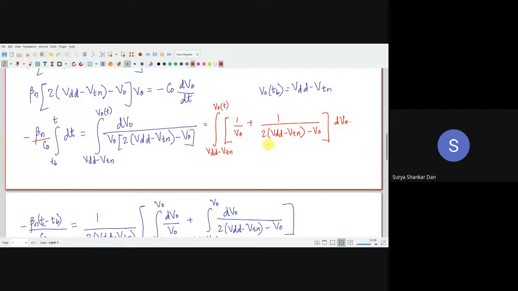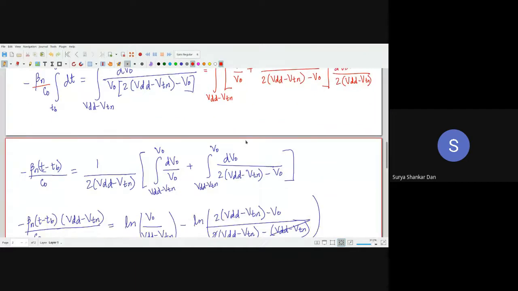Notice, this is the partial fraction basically. So what is the case? Twice VDD minus VTN minus VO plus VO. So VO will cancel. The only thing is, in the numerator you are going to be left with twice VDD minus VTN, which I will make the denominator, so that the left hand side and right hand side of these are equal.